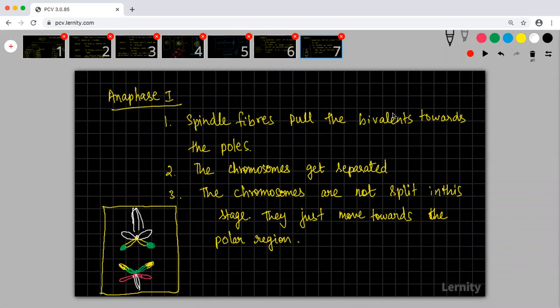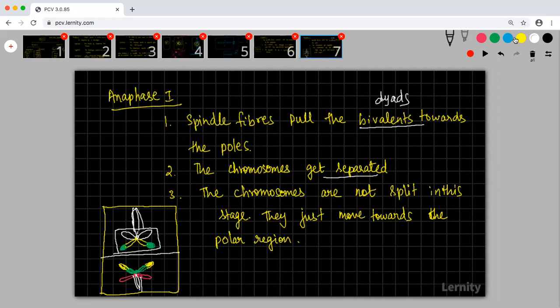The spindle fibers will pull the bivalents towards the poles, or we can call them dyads also. This thing is called a dyad. So this dyad is being pulled to that side. This part is being pulled towards one side and this part is being pulled towards another side. The chromosomes get separated. These two are getting separated.